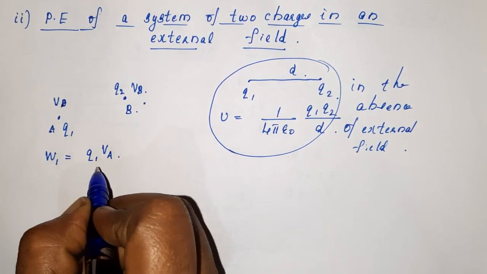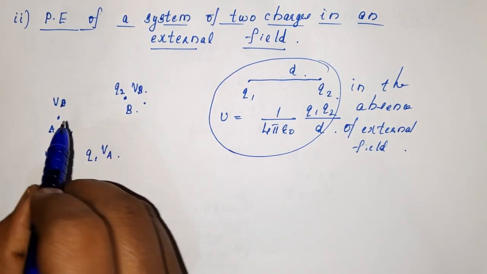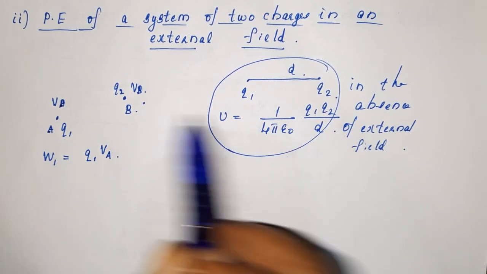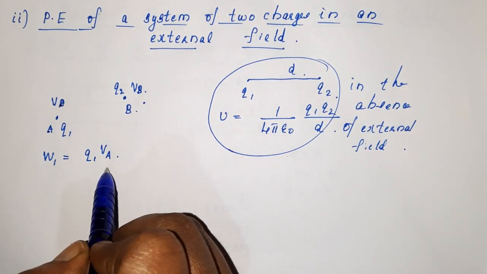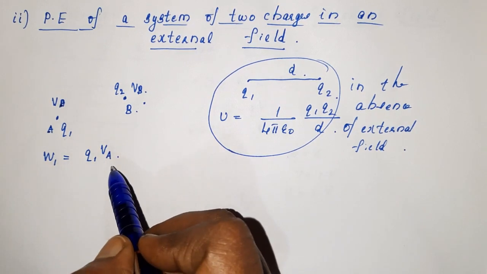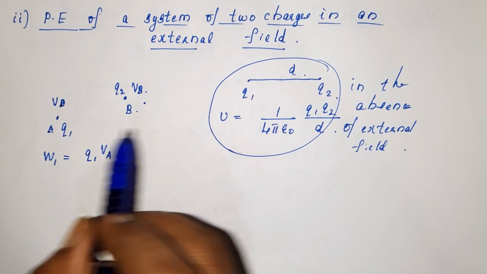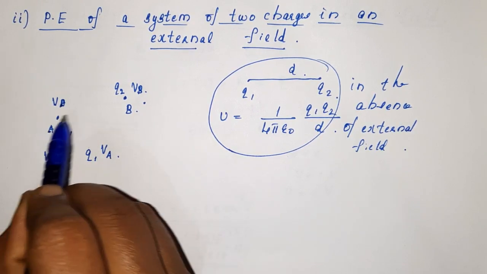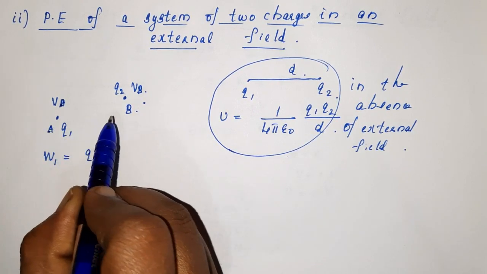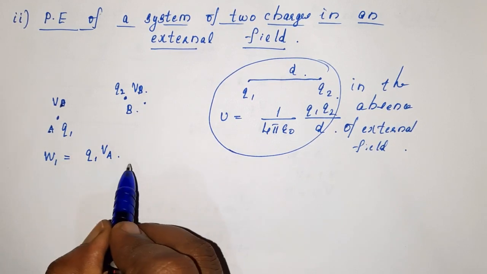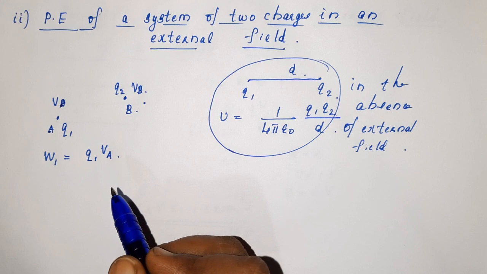Here that work done is not equal to 0 because there is a potential. If it was in the absence of external field, this W1 would have been 0. In the previous discussion, we did like that. But here it is not equal to 0 because there is a potential VA, because we are keeping the charges in an external electric field. So W1 is equal to Q1 into VA.